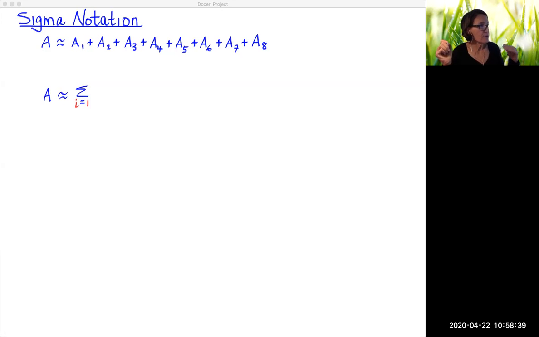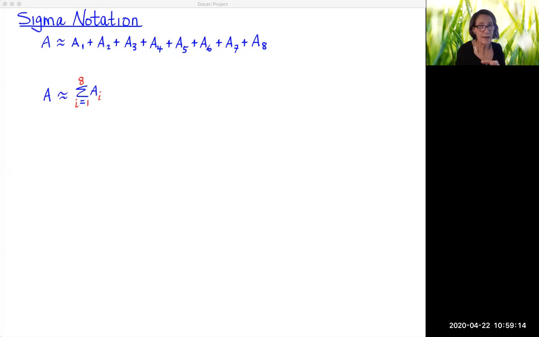And underneath it, we write i equals 1 to say this is where it's starting. The indexes are going to start at 1. And then on top of the sigma, I write the ending index. So here the indexes are ending at 8. So sigma with i equals 1 on the bottom and an 8 on top means the sum as i goes from 1 to 8. i stands for index, and index is the little subscript.